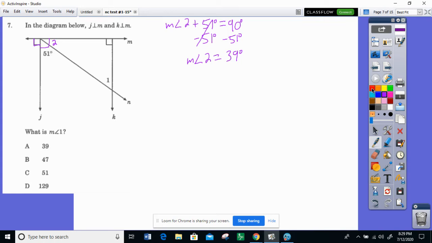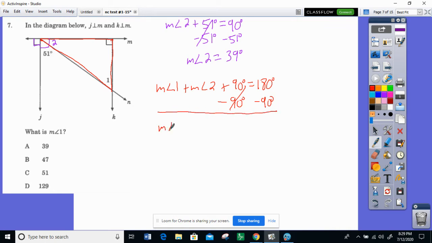Well, we also know that we have a triangle that we've made here between angle 2, the right angle, and angle 1. So if the measure of angle 1 plus the measure of angle 2 plus the 90-degree angle have to be 180 degrees, this also reminds us that angle 1 and angle 2 have to be complementary. That's true for the acute angles in any right triangle.